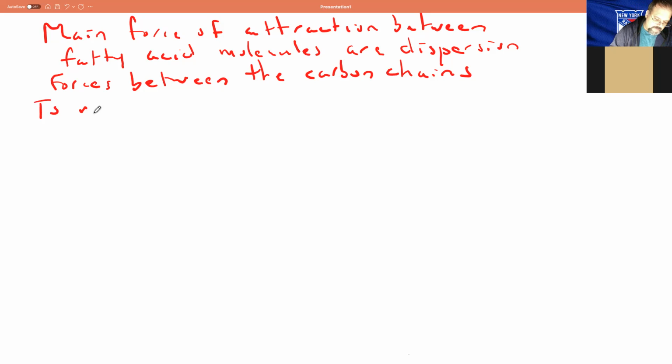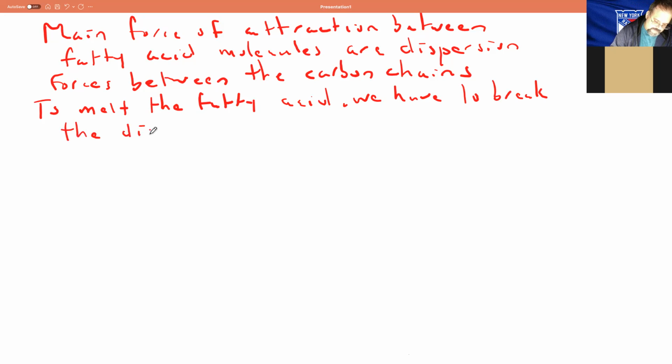And to melt the fatty acid, we have to break the dispersion forces present. How do we do that? We supply heat. Heat, of course, is a form of energy.